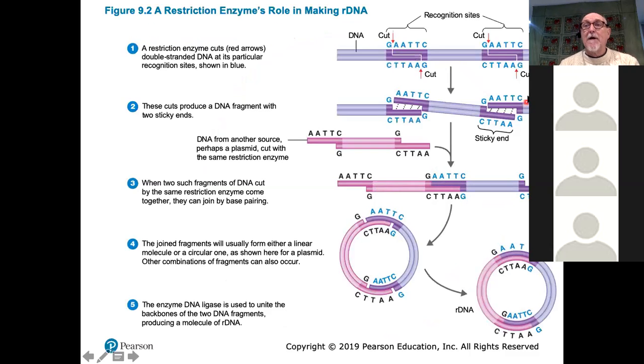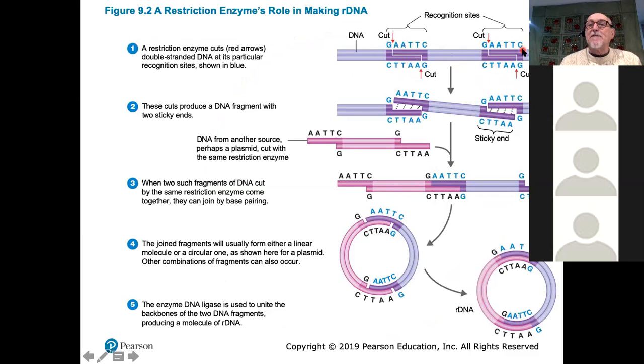I just remind you, this is how these restriction enzymes work. Each restriction enzyme has its own particular DNA sequence that it will cut. GAATTC, I believe, is EcoRI, but you can see here.